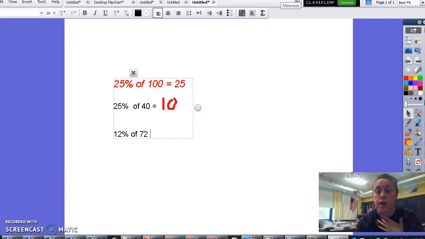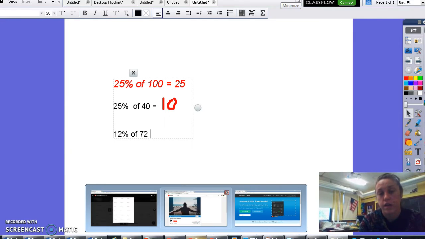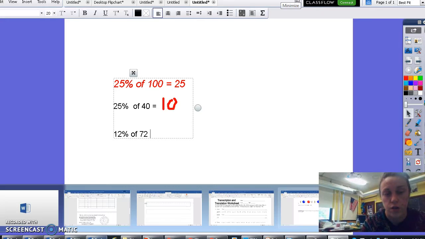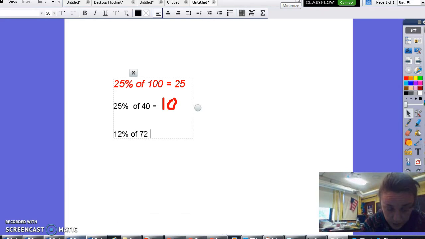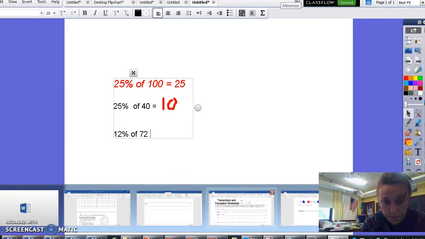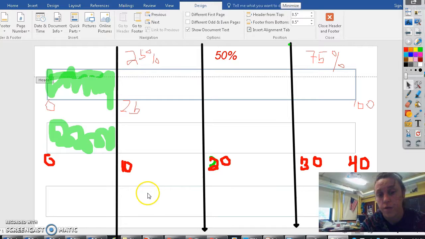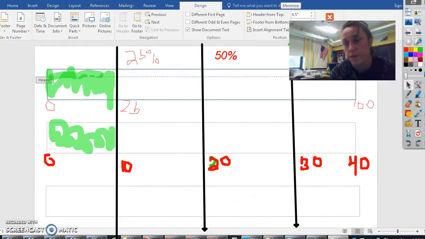Some of you guys may know the answer. I think I know what the answer is off the top of my head, but I'm not going to say it because I want to look at this. So if I come here and go to the sheet, we have 72.